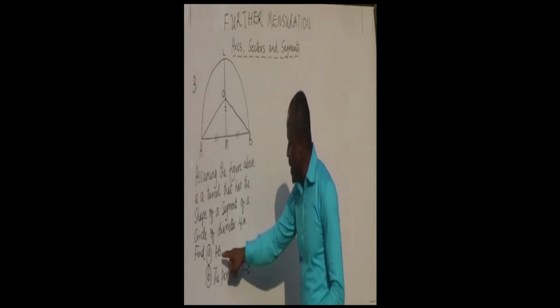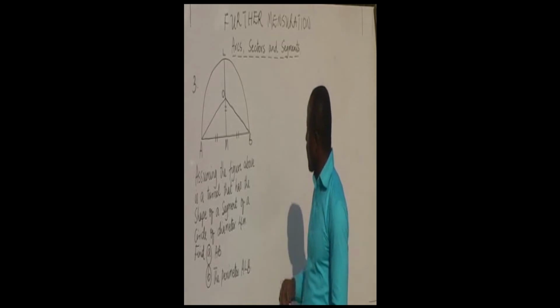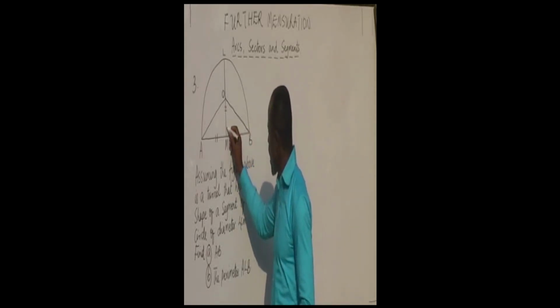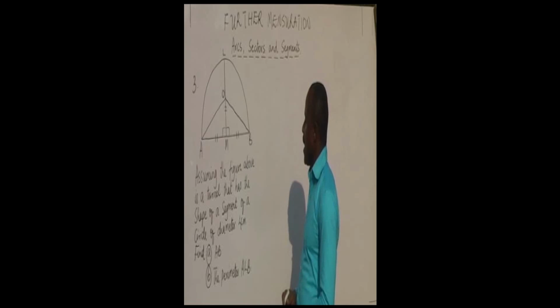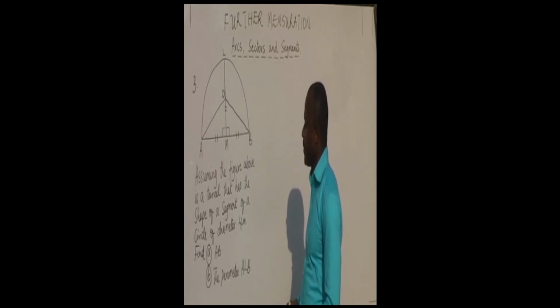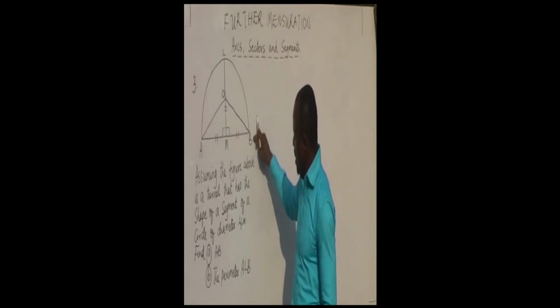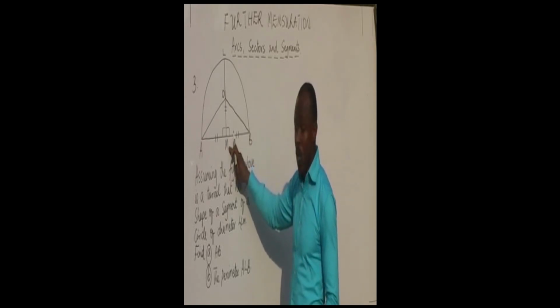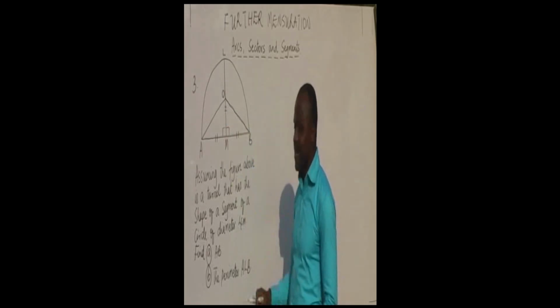They say we should calculate AB. If you look at this now, this is a right-angled triangle. OB is the hypotenuse, BM is one of the sides, and OM is the other side.